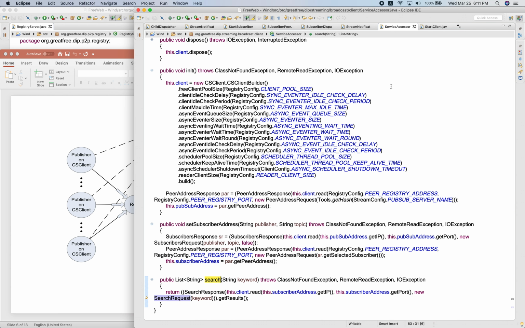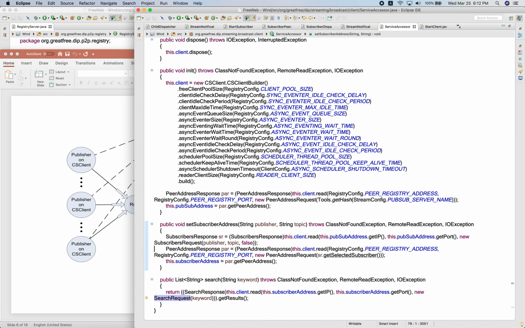So this code is very easy. Here you can see a method, set subscriber address. First, the client, this user, needs to access the pub sub server to select a pub subscriber.